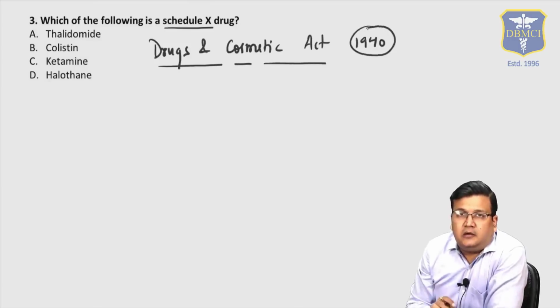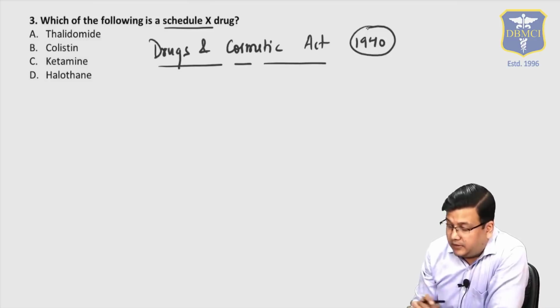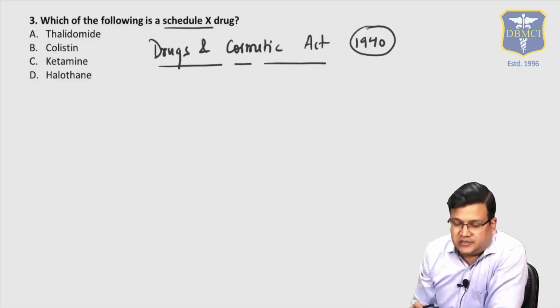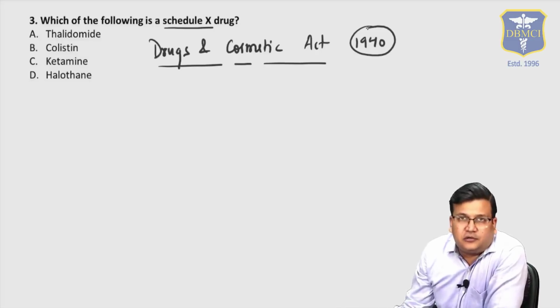This is a law in India passed by the Indian Parliament, first passed in 1940 and later on amended several times. This lays down everything about drug regulation in India. Now this has various parts, we need not go into great detail, but this Drugs and Cosmetic Act has various schedules which are part of it.